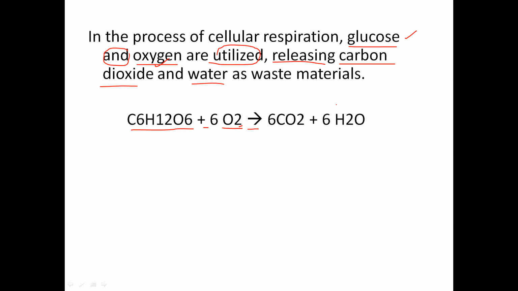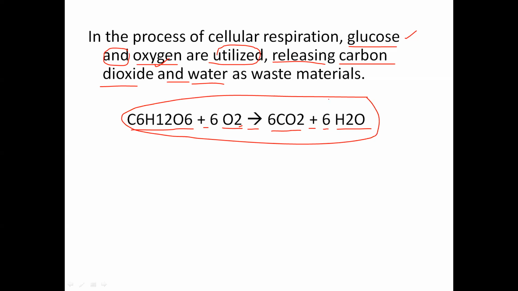What are being released? Carbon dioxide, so 6 molecules of carbon dioxide, and that's the plus sign, water, so H2O. And in order to balance, okay, the amount of reactant with the product, there should be 6 molecules of water in this chemical equation. Okay, so this is a type of chemical equation that is commonly used in biology, okay, and in biochemistry.